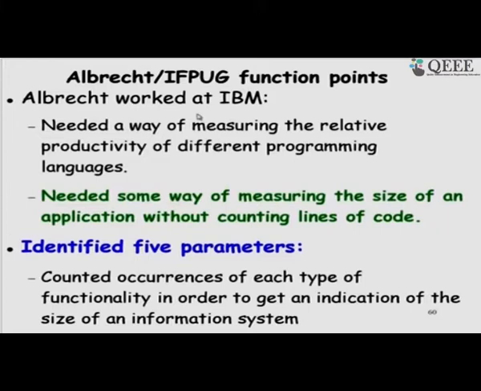Albrecht worked at IBM, and he understood that lines of code has problems as a size measure. The major problem is that lines of code can be accurately determined only at the end of the project, after the project has completed and the lines of code can be counted.